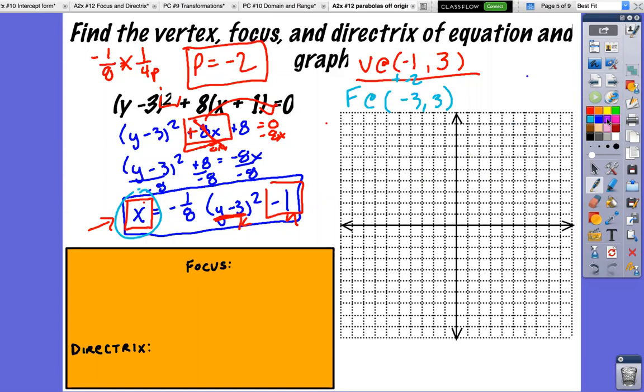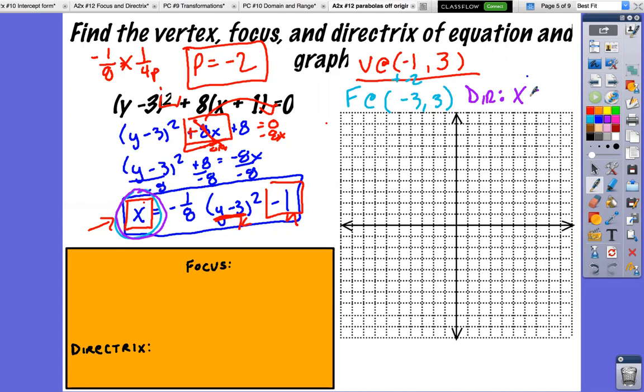I'll switch here to purple. And for my directrix, is it going to be x equals or y equals? Y equals. Dave, is this an x equals equation or a y equals equation? X equals. So it has to be x equals. Again, that's why I always want you guys to come back to this original equation and part of why we solve for the linear variable.